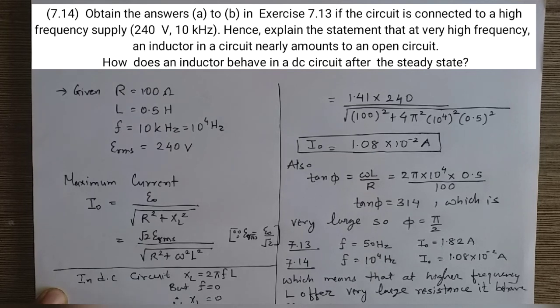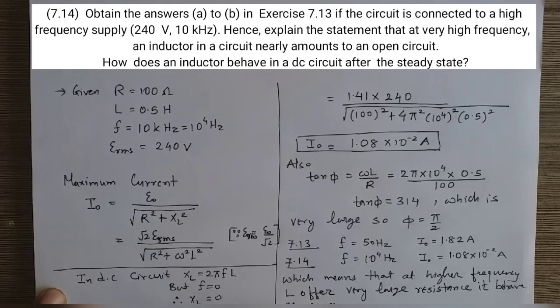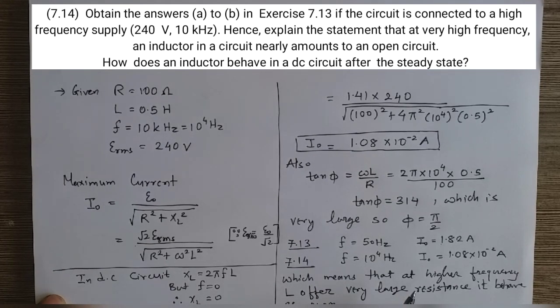So from this we can say that L acts as a pure conductor. This is possible when the circuit has a DC supply. Clear? Thank you.